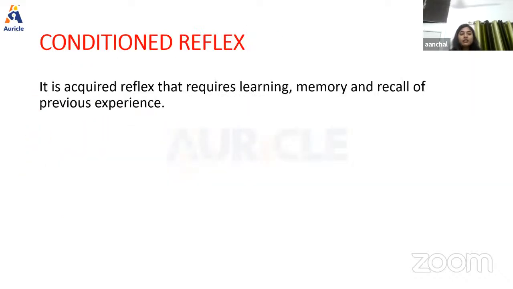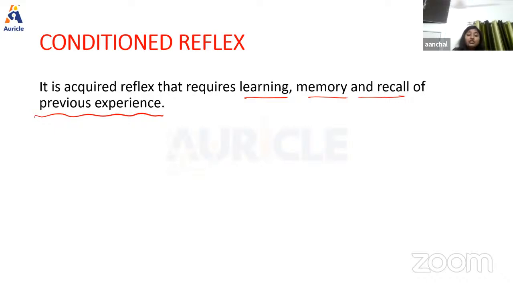Another thing we have is the conditioned reflex. So what is a conditioned reflex? A conditioned reflex is an acquired reflex that requires learning, memory, and recall of previous experiences. It is acquired after birth, and it forms the basis of learning.